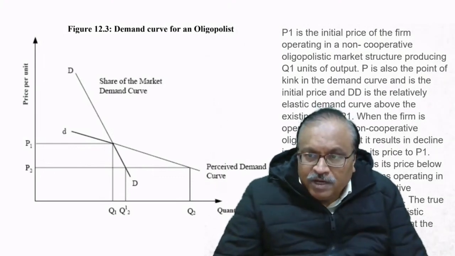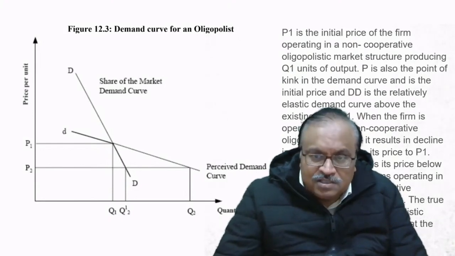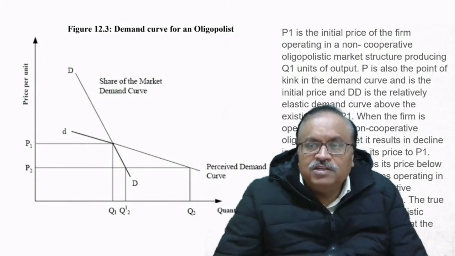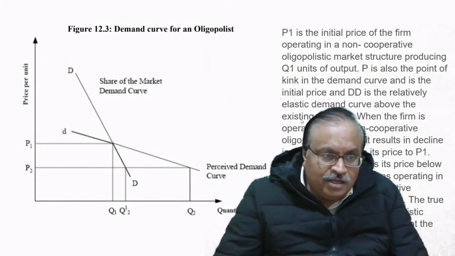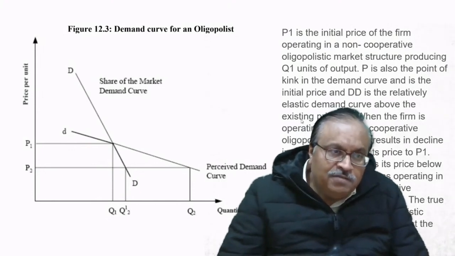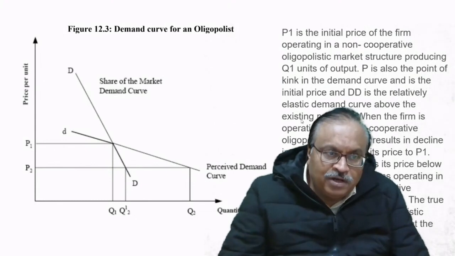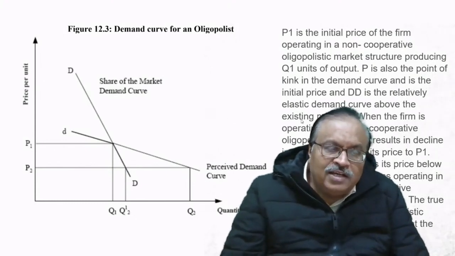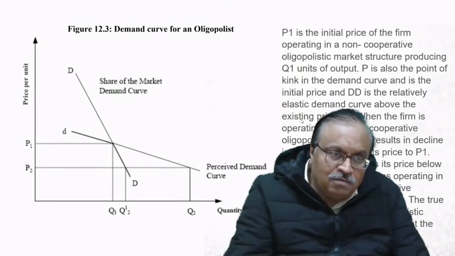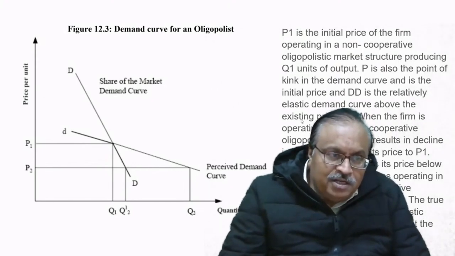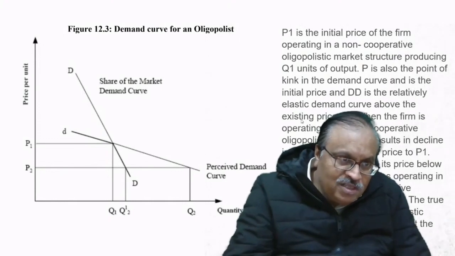When the firm is operating in the non-cooperative oligopolistic market, it results in a decline in sales if it changes its price. So initially, if the price is increased, say from P2 to P1, the demand should move along the curve of the capital DD.